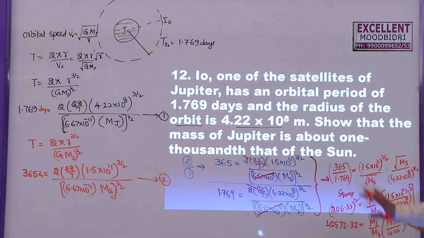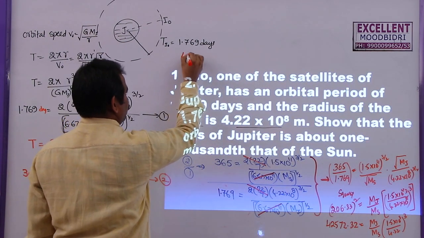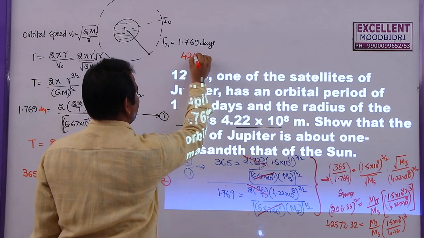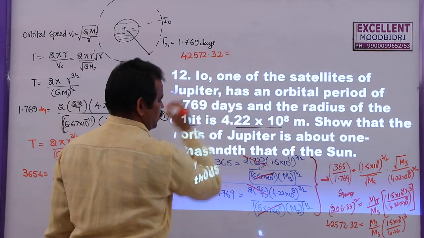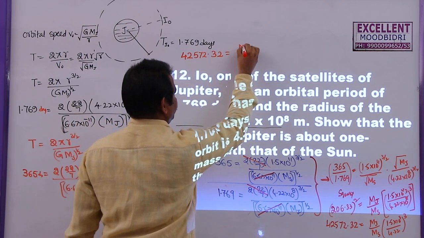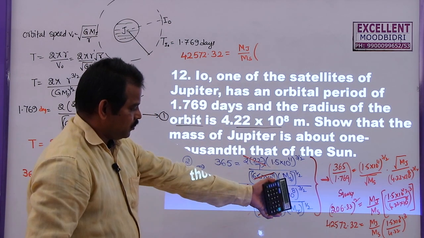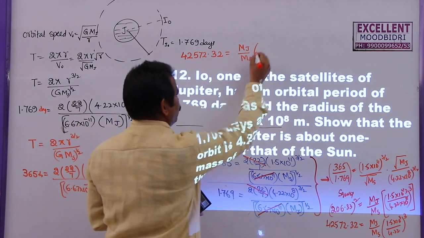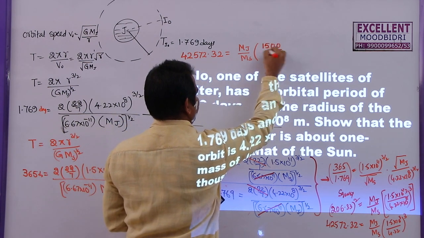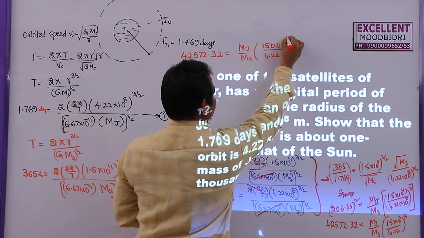So now I am going to solve this here. 42,572.32 can be written as the mass of Jupiter by the mass of Sun into 1.5 into 1000, which means 1500, by the denominator 4.22 whole cube.